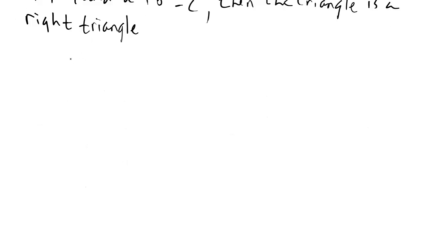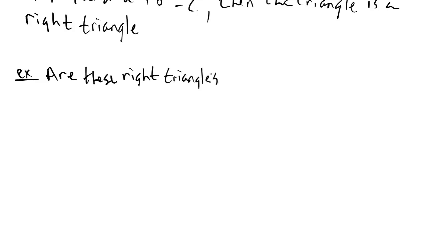So let's take a look. Let's look at an example. Are these right triangles? If we had 10 inches, 24 inches, and 26 inches, would that be a right triangle? So we'd have to look at this.